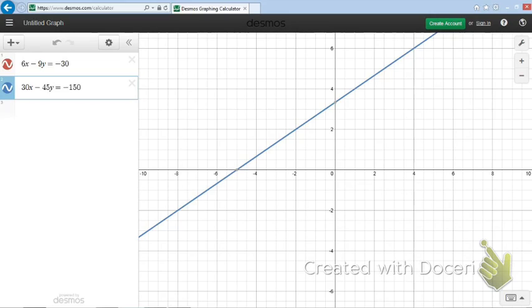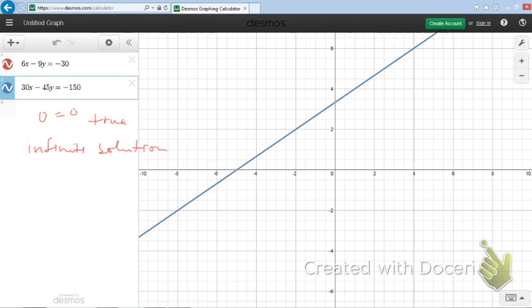Another thing that could happen if you're solving these by hand is if your variables get eliminated, but you end up with a statement where it says something like 0 equals 0. It doesn't even have to be zeros. It could be 3 equals 3, 4 equals 4, it doesn't matter. But it's a true statement. When we get a true statement, that's going to give us infinite solutions.